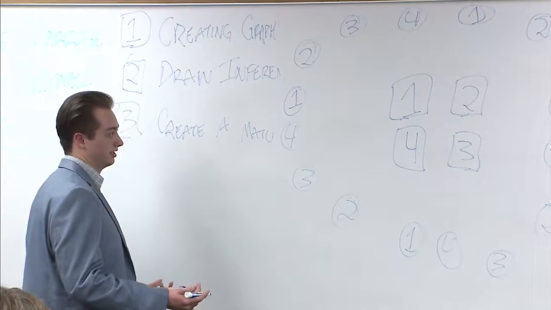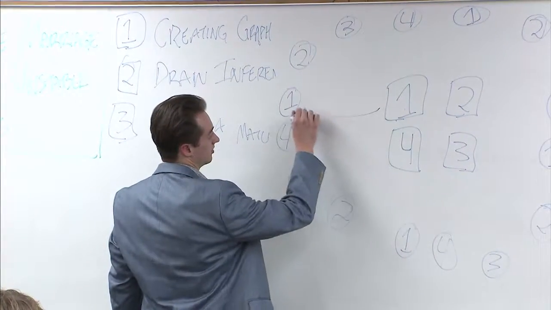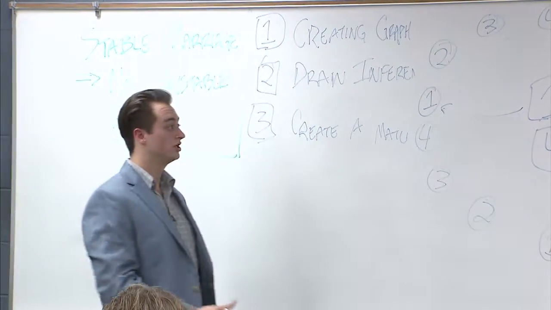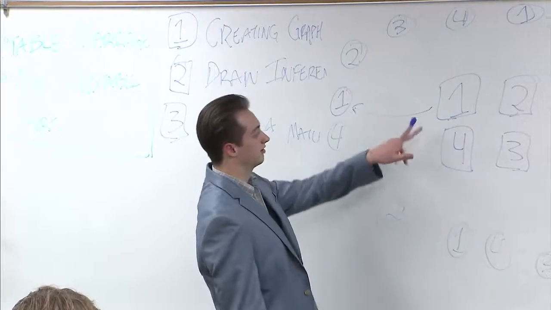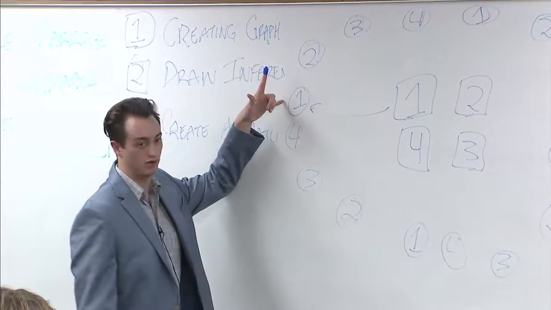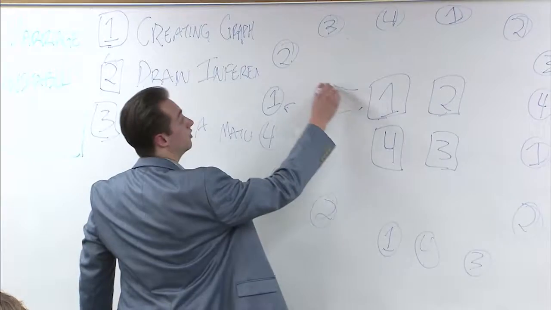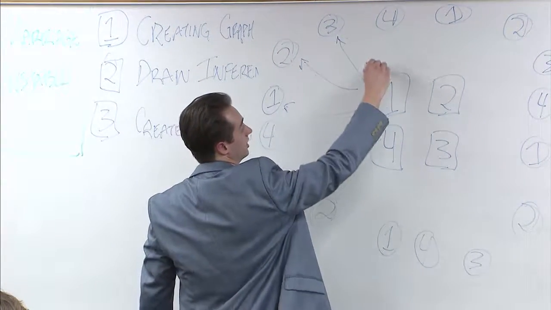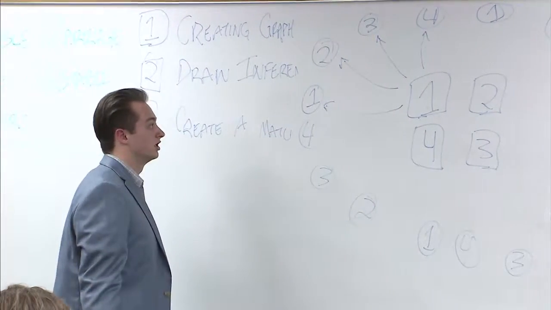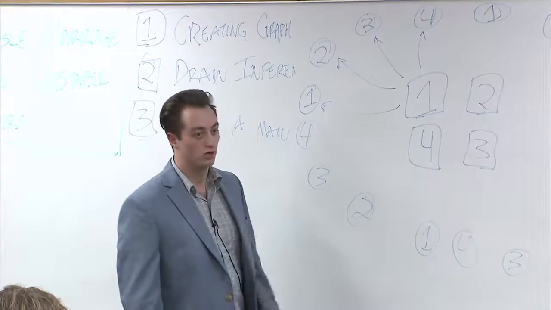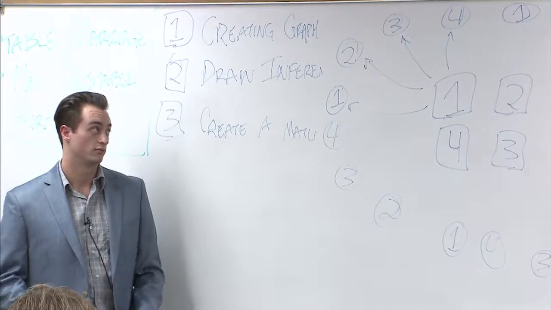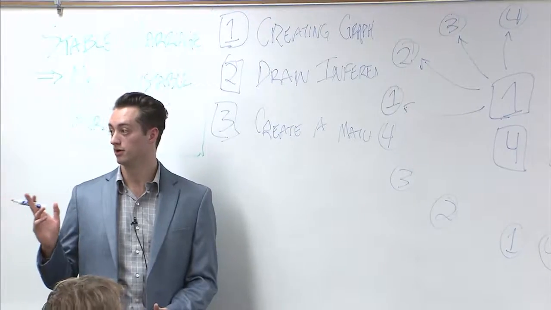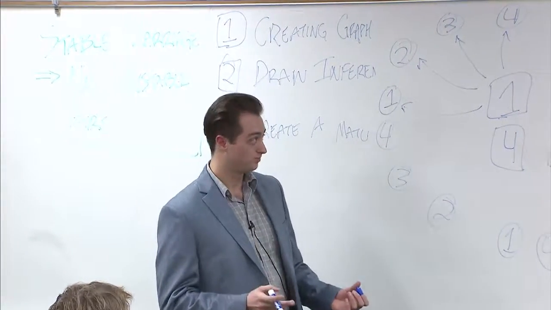So let's go ahead, and I'm going to draw on these connections. This is what you would call directing an edge in graph theory. So man number 1 going to woman number 1. That will be one of our connections. Man number 1 going to woman number 2, 3, and 4. So now we are in the process of showing a way to represent every single one of these potential matches.